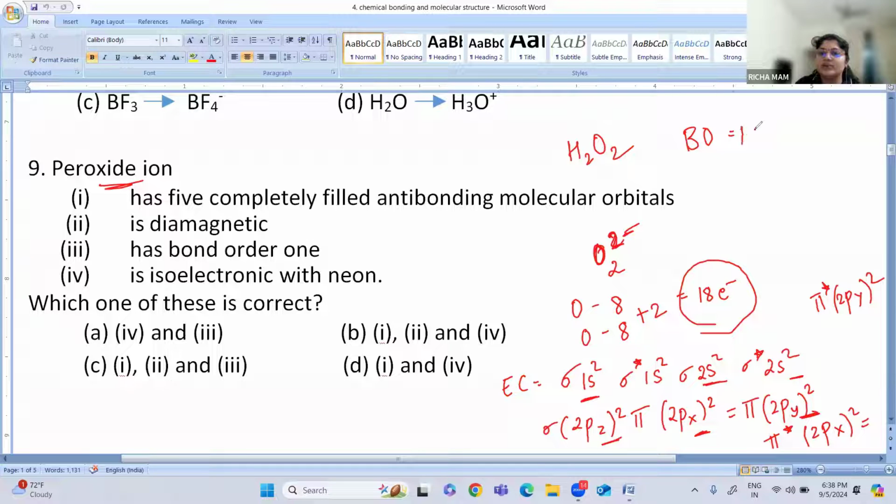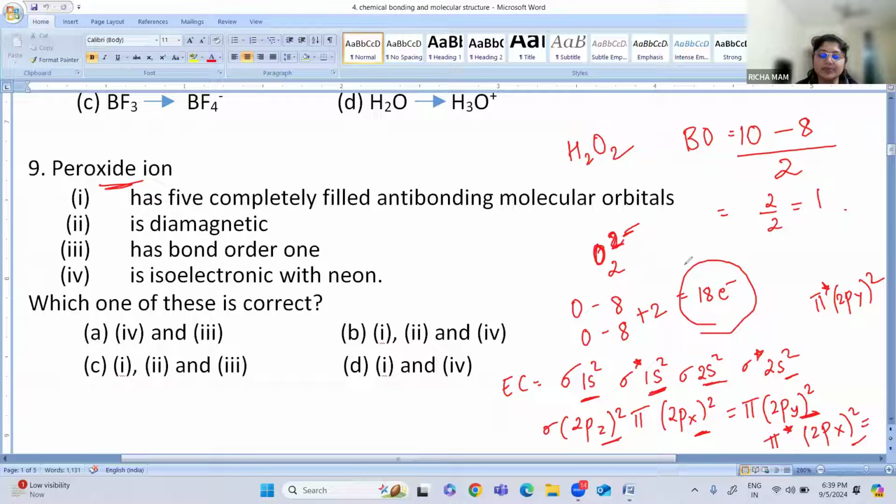That is 10, not 12. Count the number of electrons in the bonding orbitals and then in antibonding. Antibonding: 2, 4, 5, 6, 8. Bond order is number of electrons in bonding minus number of electrons in antibonding orbitals by 2. So 2 by 2. So this is 1.